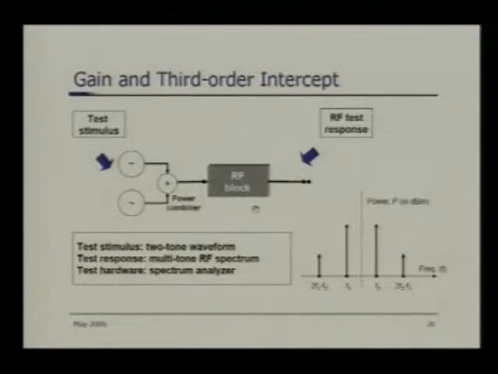The way we test it is that we apply two frequencies to the RF block. It could be an amplifier, it could be a mixer, or it could be some other RF block, a passive filter. Okay, so we apply two RF frequencies, and if the circuitry is perfectly linear, we should just expect F1 and F2 if it is an amplifier, right?